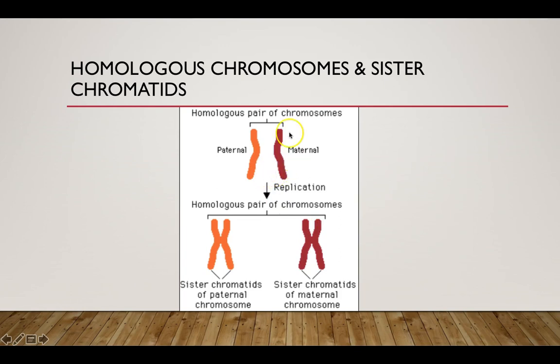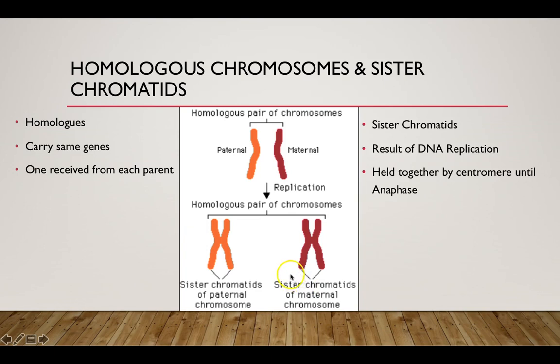So to go over it again, 2 chromosomes, 2 chromatids, 2 chromosomes, 4 chromatids, okay? Homologs carry the same genes, one received from each parent, and sister chromatids are the result of DNA replication held together by a centromere until anaphase.